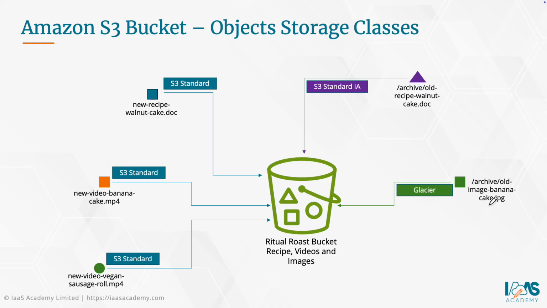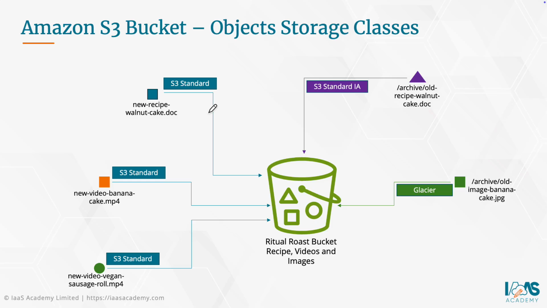As you can see, you can store an unlimited amount of data in S3 and you can categorize them in their various storage classes. The thing is, as time goes by, a lot of these recipes may become old recipes that are no longer used.